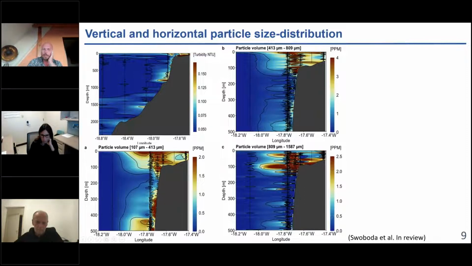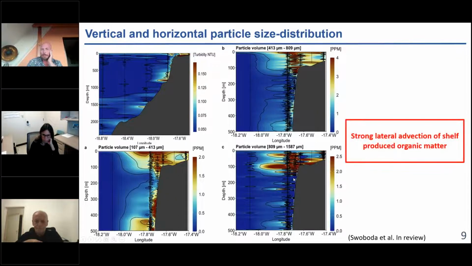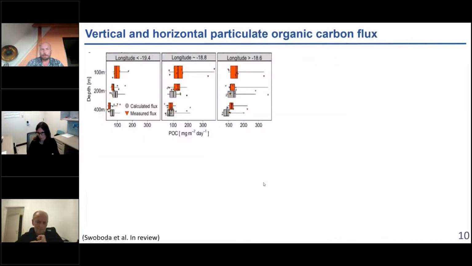We also had some large particles that sank quite slowly, transported from the shelf and offshore, and could be caught in our sediment traps. So we did see a very strong lateral advection off the shelf, of material that was actually produced on the shelf, which ended up in the deeper ocean offshore.